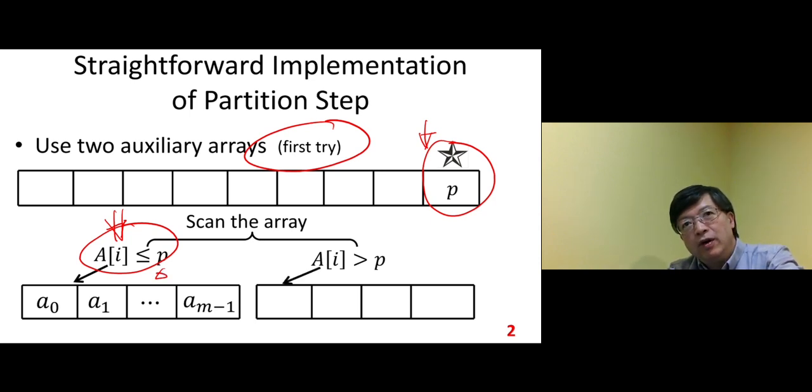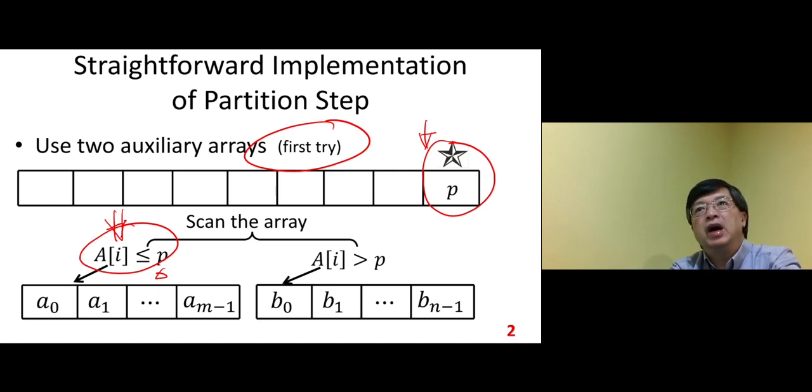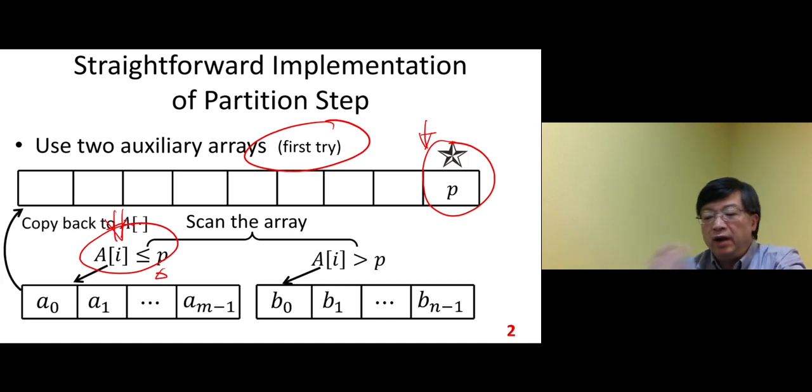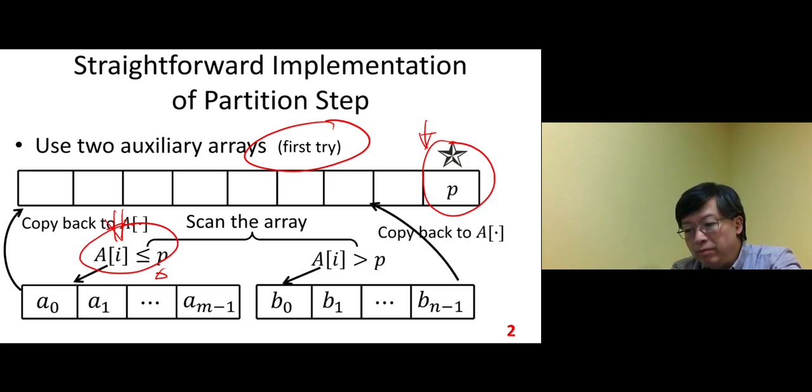Similarly, for the case that the array value is greater than p, we put it in the second array, one after another, until we get all the elements that are greater than p. After that, we copy back to the A array, and we get a partition.